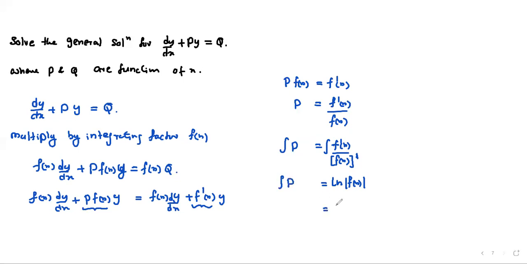Then you can write f(x) equals, bringing the ln to the other side, e to the power integration of p. Now you can understand I got f(x) as the integrating factor. Therefore the integrating factor would always be e to the power integration of p. Still it's a little bit doubtful, I know. Don't worry about it.